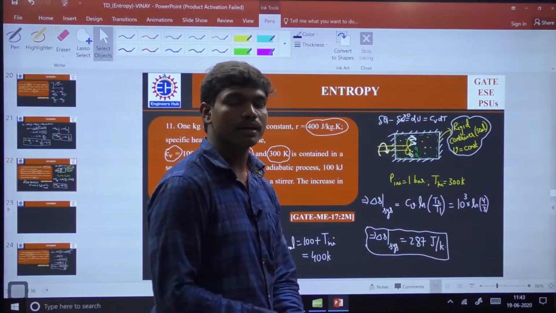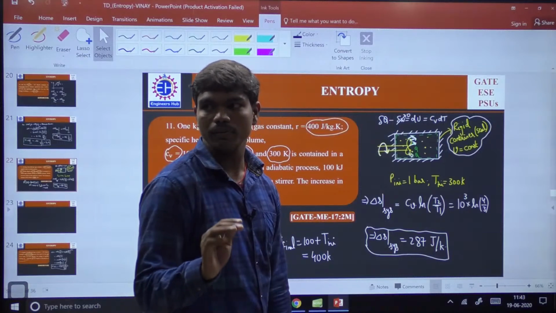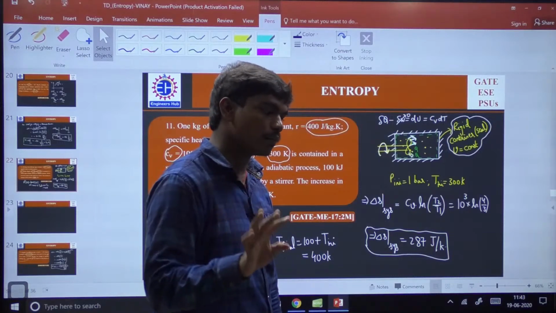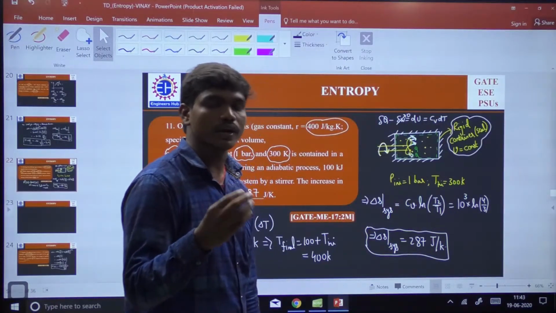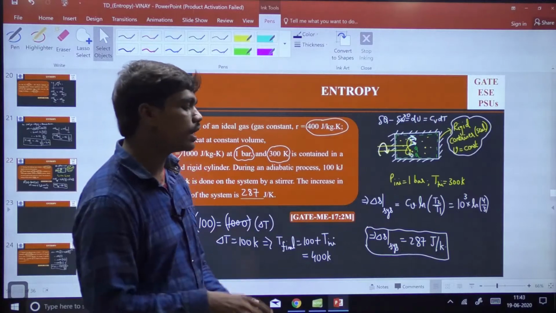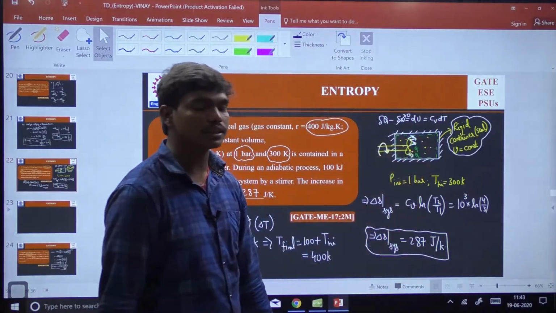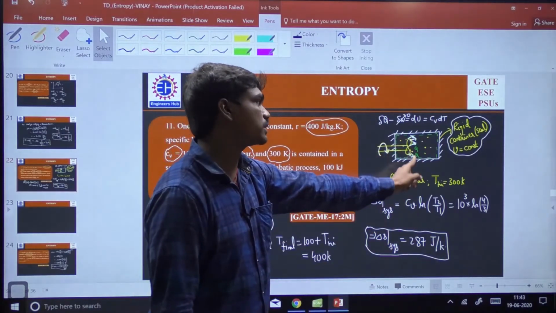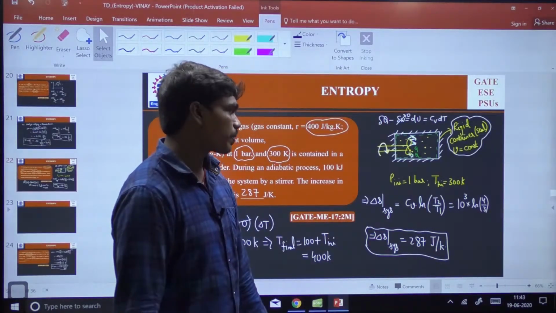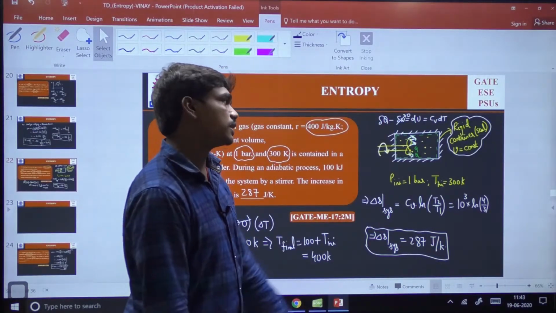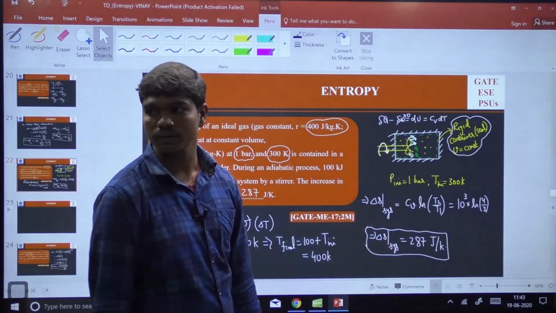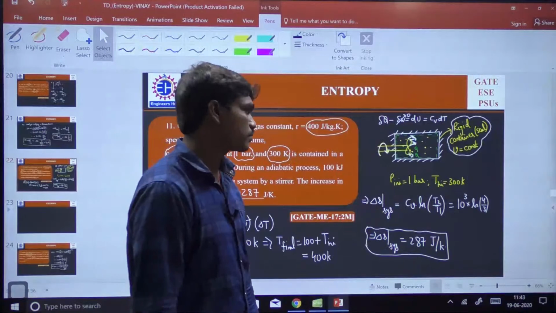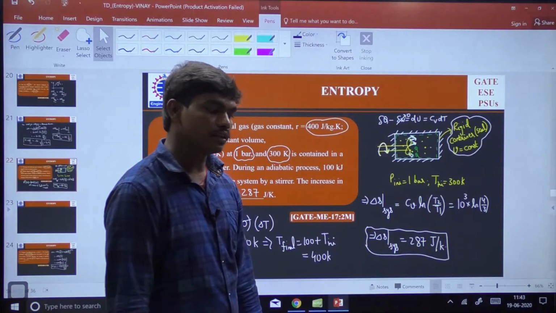PV power gamma equal to constant, TV power gamma minus 1 equal to constant is only applicable for a reversible adiabatic process. Because we have taken the assumption that the process is reversible. But if you see here, some irreversibility is taking place because of the friction that is getting generated. So we can't say that you will get the same temperature when you apply TV power gamma minus 1 equal to constant. Okay, clear? Vamsi, did I clear you?